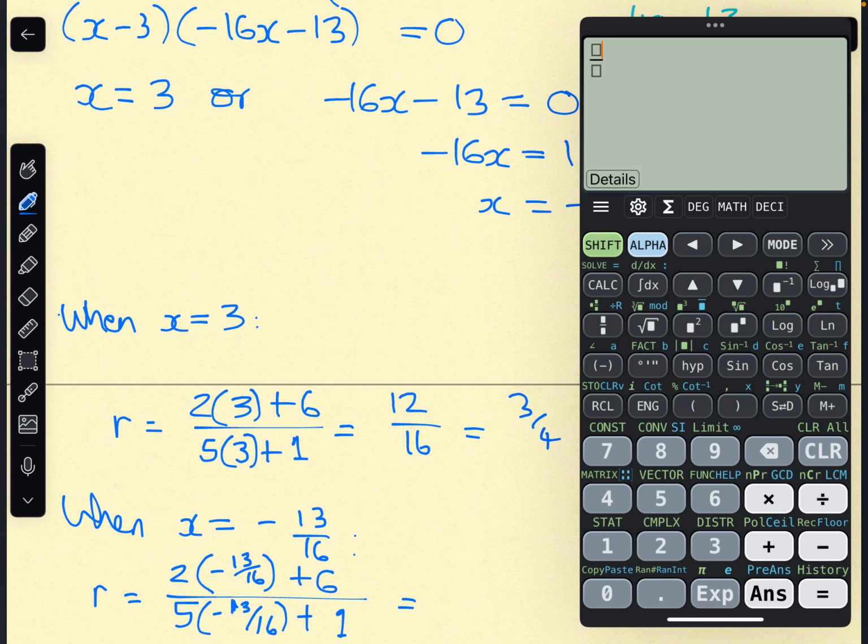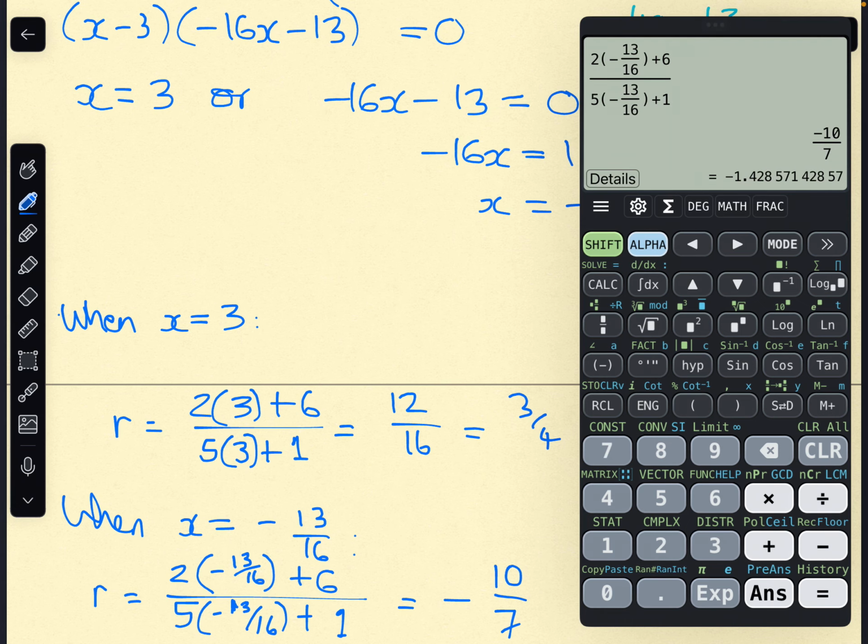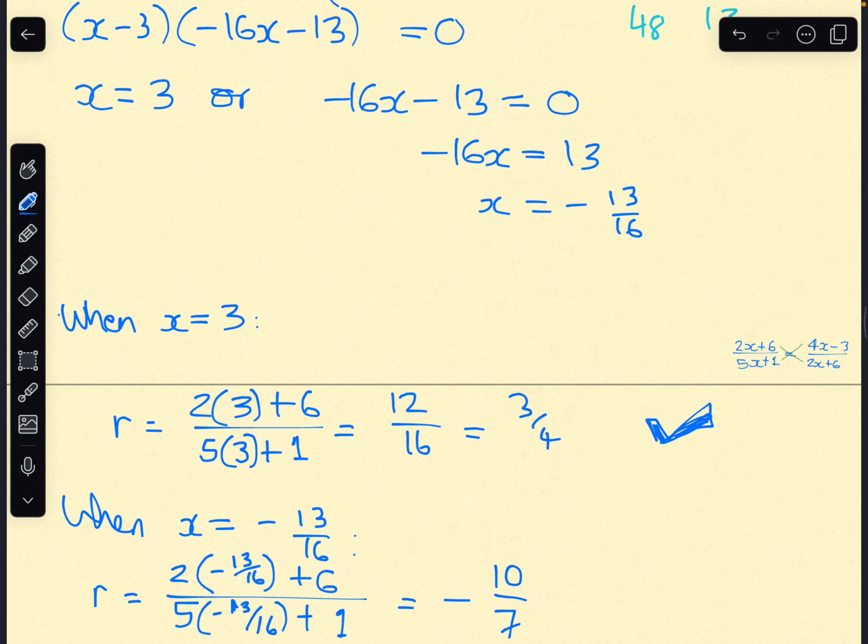So we have 2 times negative 13 over 16 plus 6, and then 5 times negative 13 over 16 plus 1, and that gives us negative 10 over 7, which is negative 1 3/7.